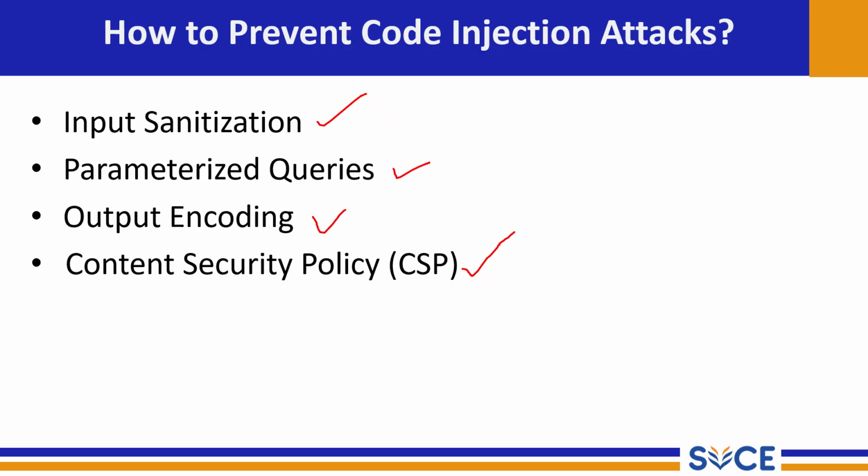Okay. The first one is input sanitization. This practice prevents malicious inputs by filtering out dangerous characters from all the user input before it is processed. Developers can neutralize potential attack vectors such as SQL commands or script injections simply by stripping unwanted characters or patterns.